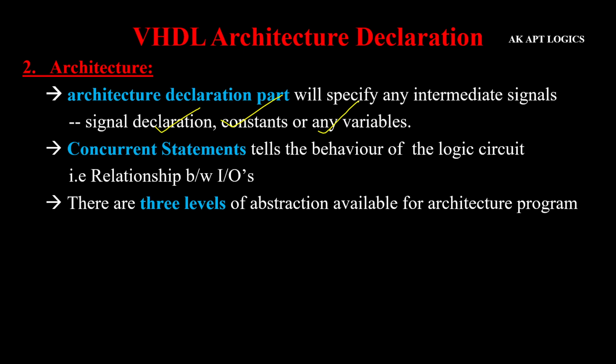Using these three levels of abstraction you can't get the same values for all three basic parameters, area, power and delay, for large designs. For small designs they can be the same. For large designs there will be a chance of variance between the three levels of abstraction. Based on that we will choose our required level of abstraction, right?